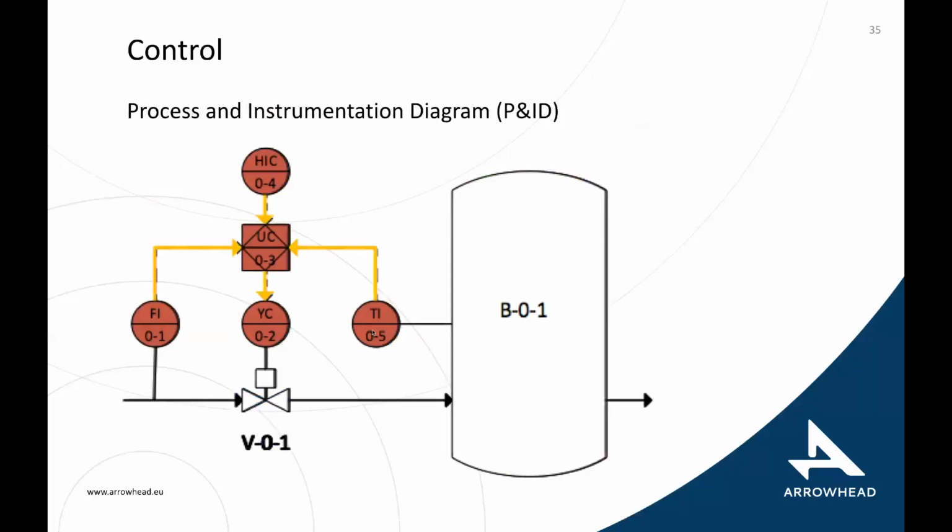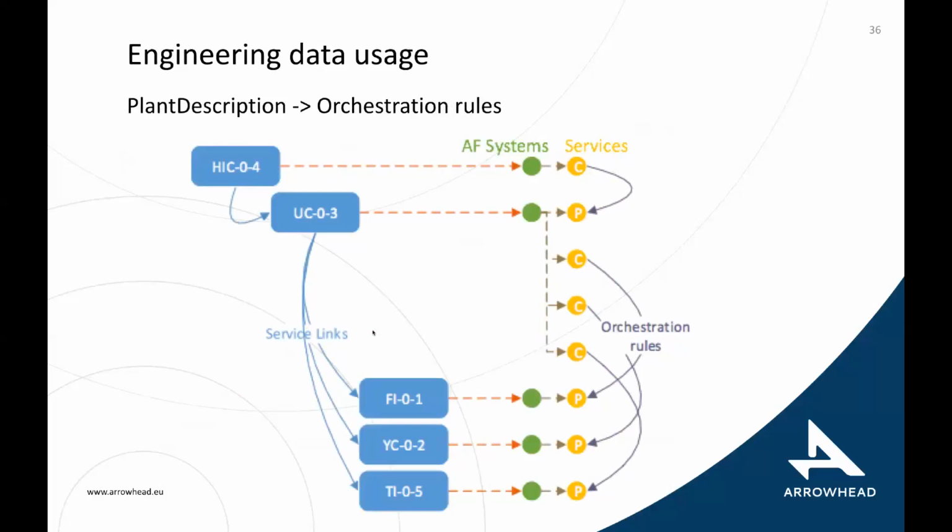We can then redraw this picture into a plant description situation. These are the hardware, and these are then the service connections, the orchestration rules. That's the yellow lines on the previous slide. So we can start to capture this information and move it into the orchestration system.